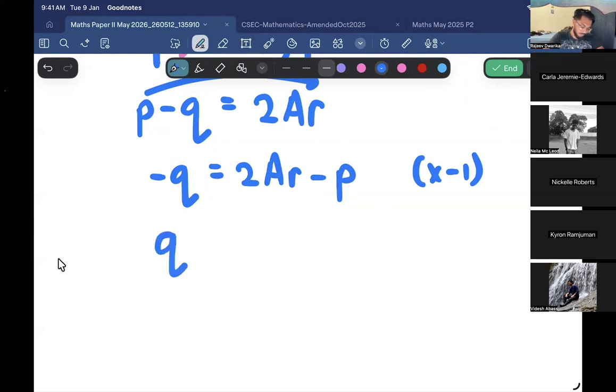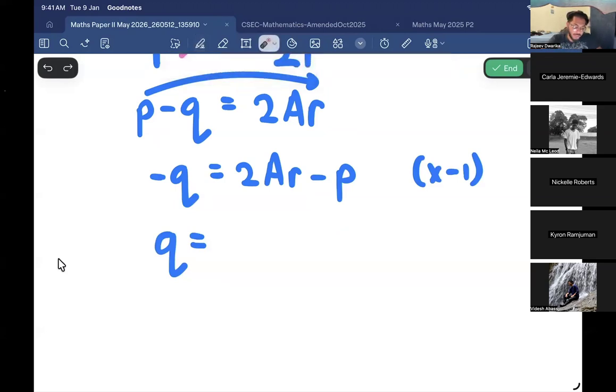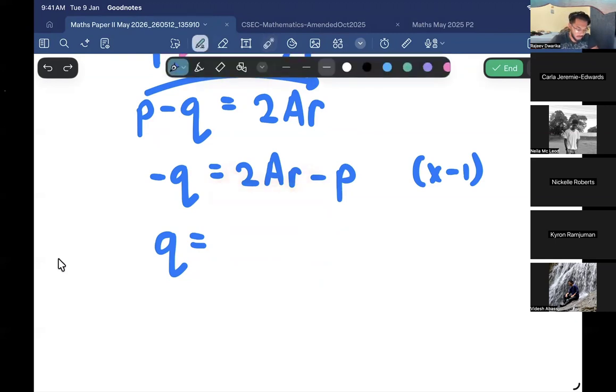So what is the next line going to look like? Take your time. I'm multiplying everything by -1. Q equals negative 2AR plus P. Over here, where you have positive 2AR and multiply that by a negative, it will be negative 2AR.